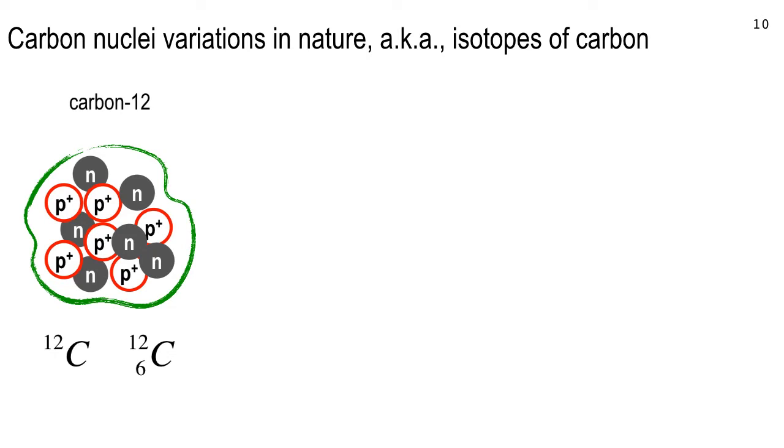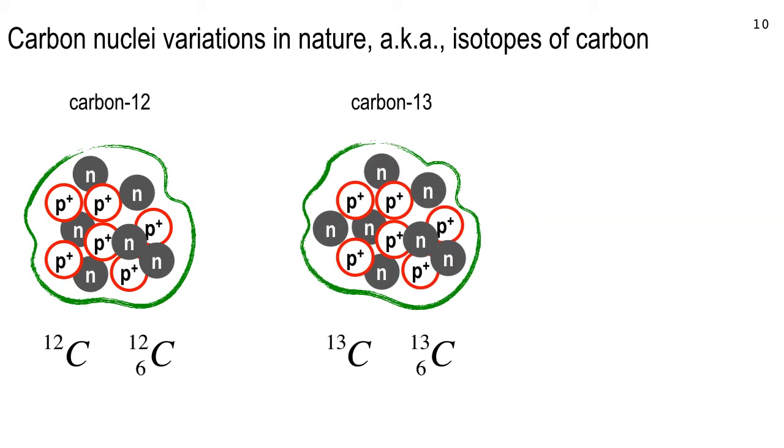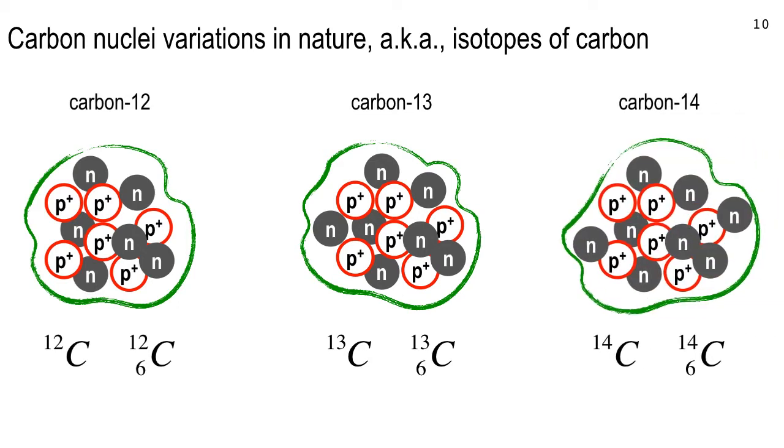Okay. Now, a variation of the carbon, some of the carbon in the universe, way less than 1%, is carbon-13. And another rare form of carbon nucleus is carbon-14. Carbon-14 is manufactured, well, I shouldn't say spontaneously, in the upper atmosphere when cosmic rays, which are ultra high-speed particles flowing around in space, crash into particles in our atmosphere.